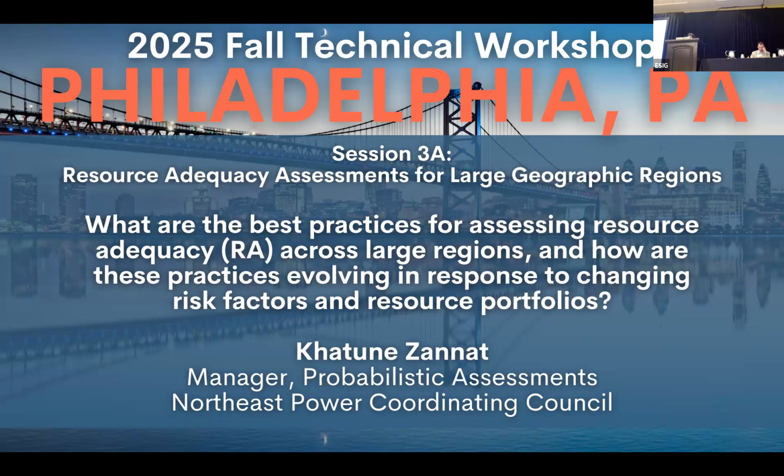NPCC also conducts a review of interconnection assistance reliability benefits. We take a close look at each area within our region, the assumptions that they make to meet the reliability criterion, which is a standard that NPCC sets as a specific criterion for its members to meet and be compliant.